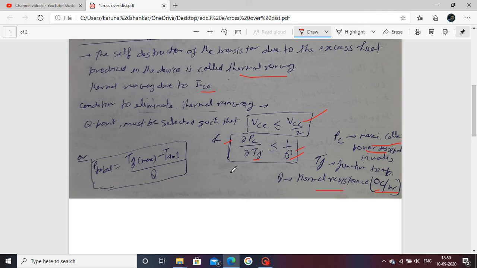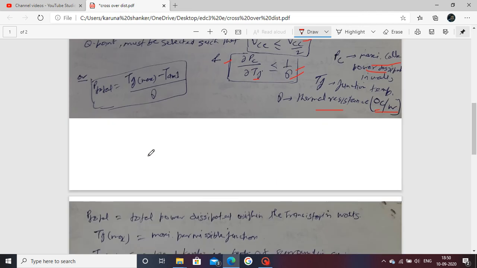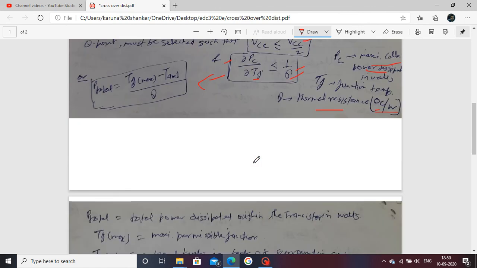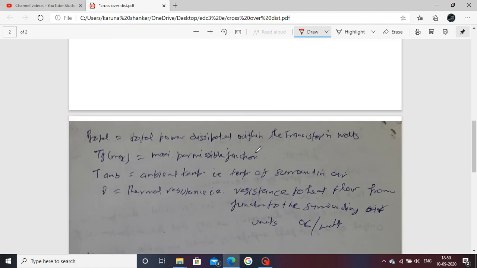This is also the total power. You arrange it in this form of equation, and now using this, we point out these values.